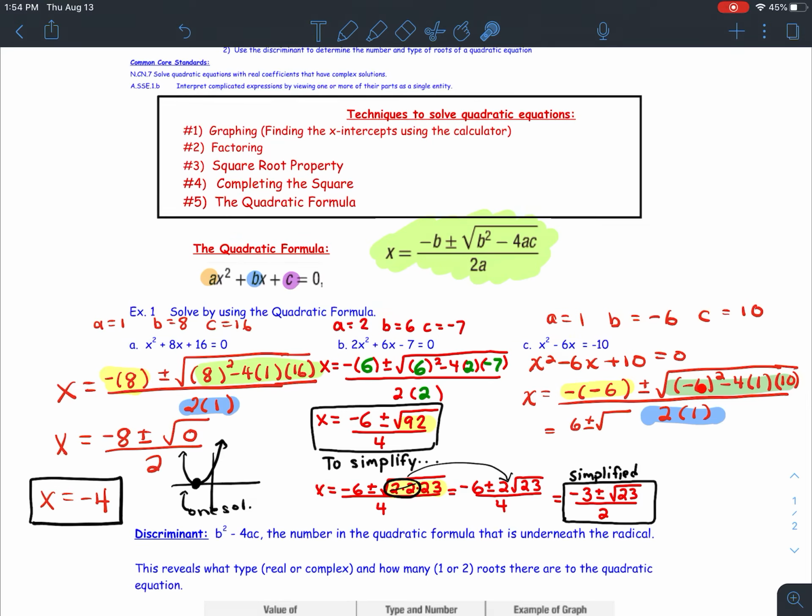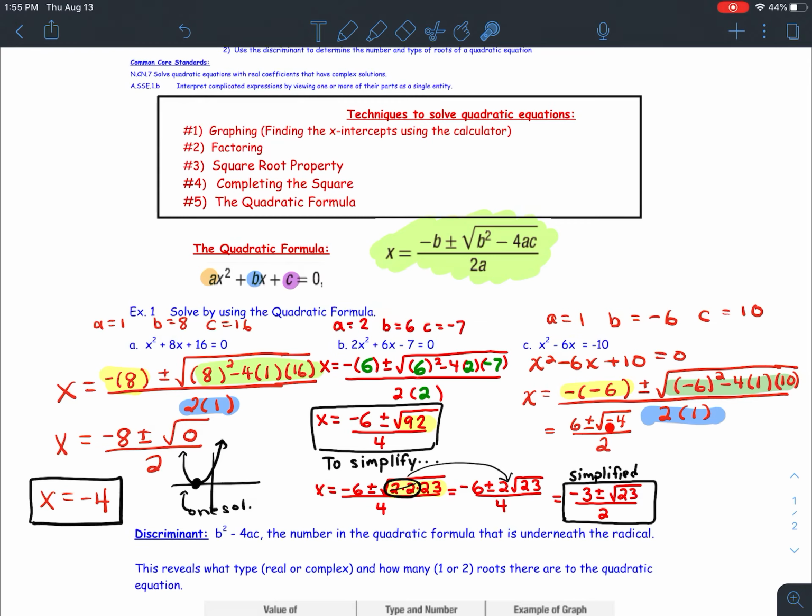So we're getting positive 6 plus or minus, and it's very important here that you're using parentheses. This negative 6 squared should become a positive 36, not a negative 36. Minus 4 times 1 times 10, I believe, gives you a value of negative 4 underneath the radical with a 2 in the denominator.